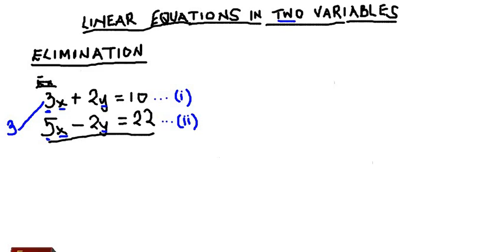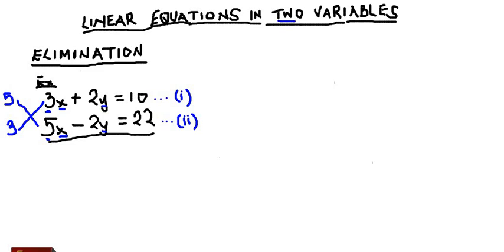So the coefficient 3, which is the coefficient of x in equation 1, we are going to multiply across the entire equation 2. Then the coefficient 5, which is the coefficient of x in equation 2, we are going to multiply this coefficient across the entire equation 1.